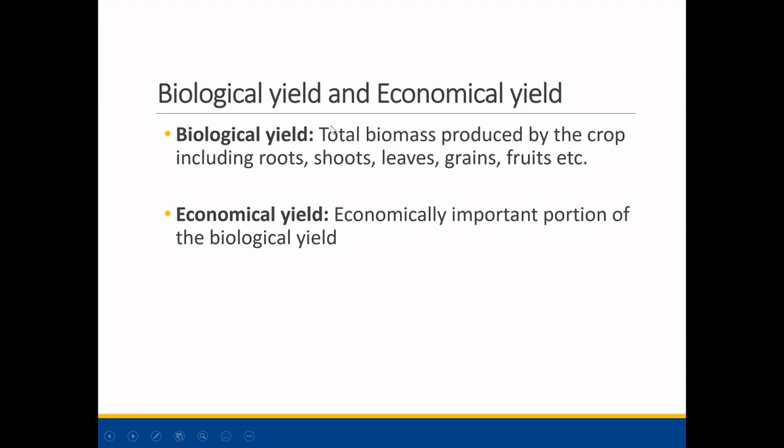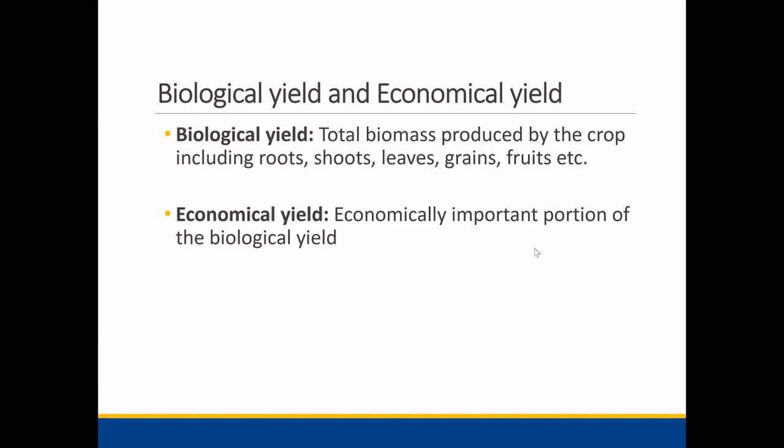If you take a crop, the total biomass produced by that crop, including roots, shoots, leaves, grains, fruits, etc., is called the biological yield. It includes everything for a crop. But the economical yield is the economically important portion only. For example, if you take rice, it's the grains only.